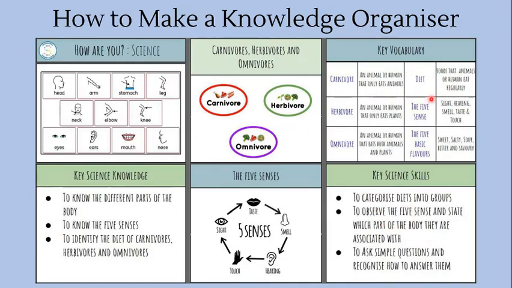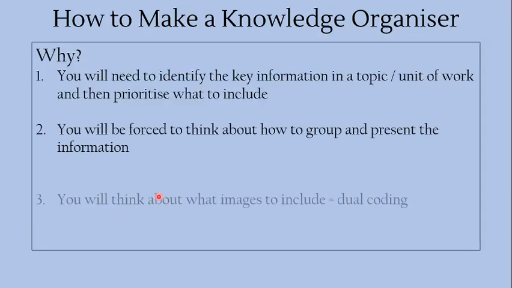They've identified the key vocabulary, and then it seems that they've included 3 key topics here: parts of the body, types of diet, and the 5 senses. So they've gone through a process where they've thought, right, this is how I'm going to group the information, and as a result of that, they'll have a better understanding of the topic itself.